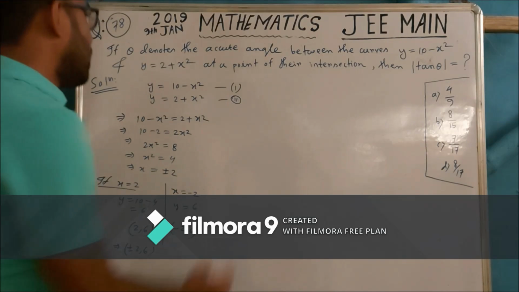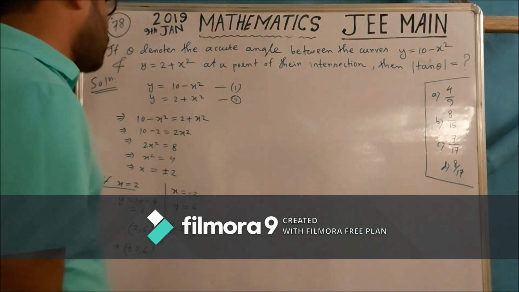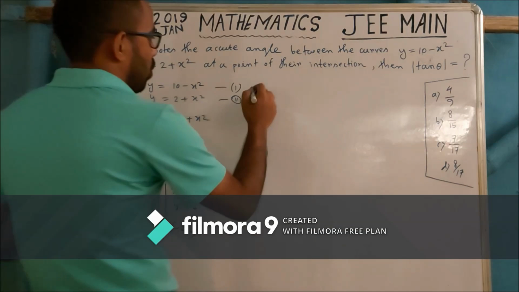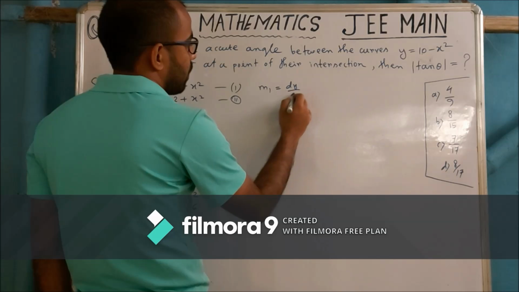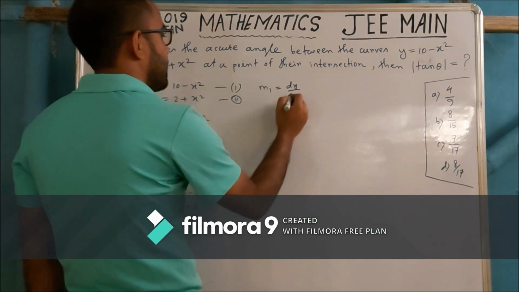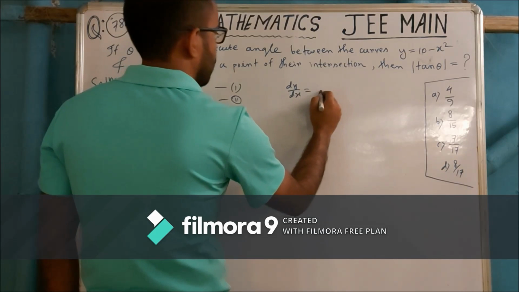Now differentiating this equation with respect to x, we get the slope. Suppose this slope is m1 equal to dy by dx. So we differentiate first, then we get minus 2x.